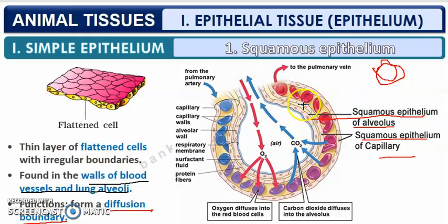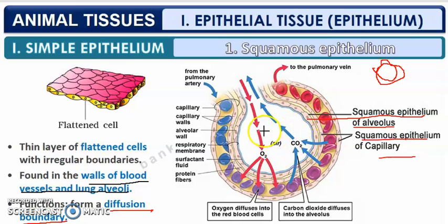So we learned about the squamous epithelium of the capillary, and if you see the air sacs, they are made up of again a thin layer of cells which are called the squamous epithelium, right? So this is also made up of a thin layer, right? And their function is to act as a diffusion boundary.